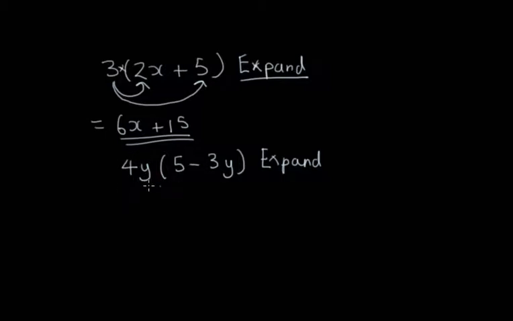We're taking away the brackets. 4y times 5, so 4 times 5 is 20y. Then 4y times minus 3y. So 4 times 3 is 12, and y times y is y squared. And we've got a negative.